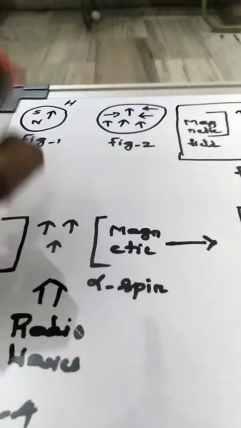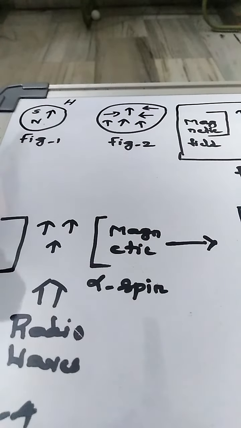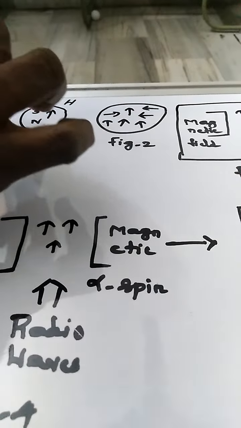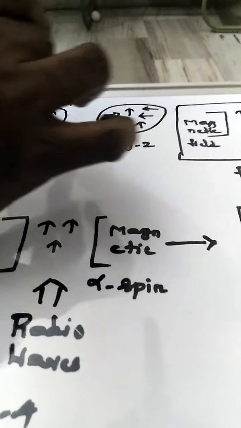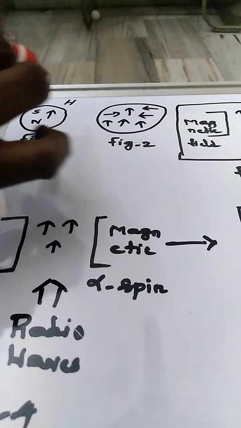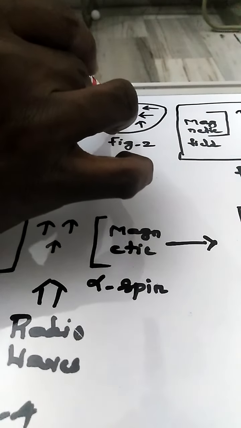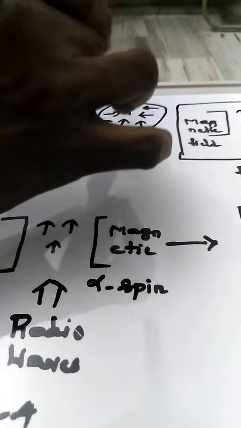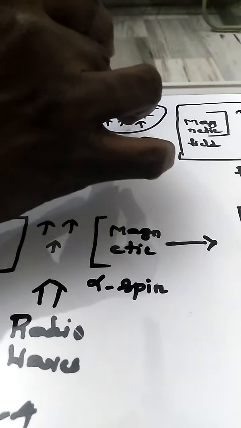Now consider this figure 2. What happens when another nucleus comes near this nucleus? This nucleus is already a magnet, oriented towards the south and north poles. And when another nucleus comes, it is another magnet. What will happen when two magnets come near each other?